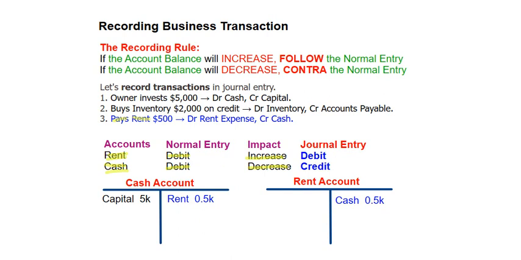because you have to pay out to the landlord. So how do you record this transaction? Following the rule that we have learned, any increase follows the normal entry. So we follow the normal entry for the rent, but the one that decreases, which is the cash account, we have to contra the opposite, which is credit. So we're going to record it as credit cash and debit rent.